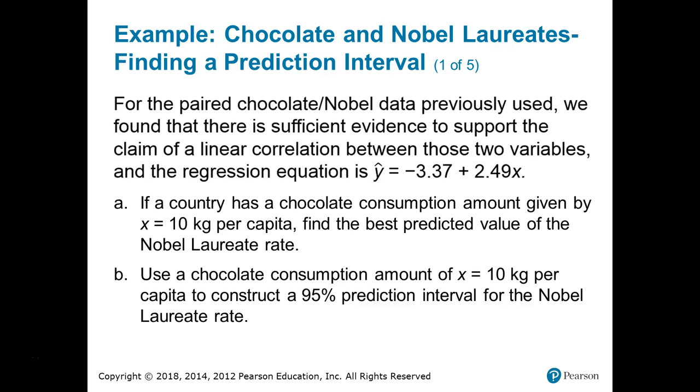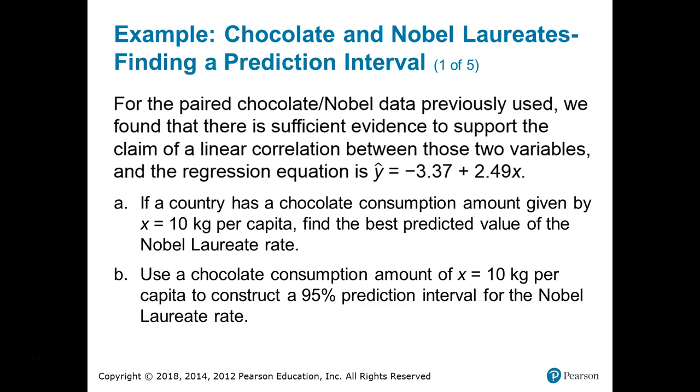If a country has a chocolate consumption amount given by x equals 10 kilograms per capita, find the best predicted value of the Nobel Prize rate. Then use a chocolate consumption amount of x equals 10 kilograms per capita to construct a 95% prediction interval for the rate of Nobel Prizes.